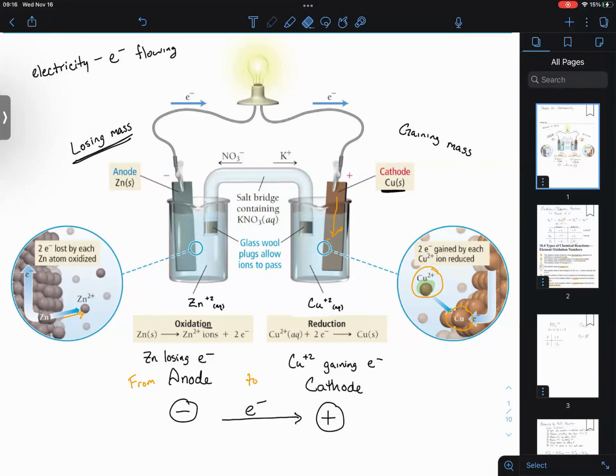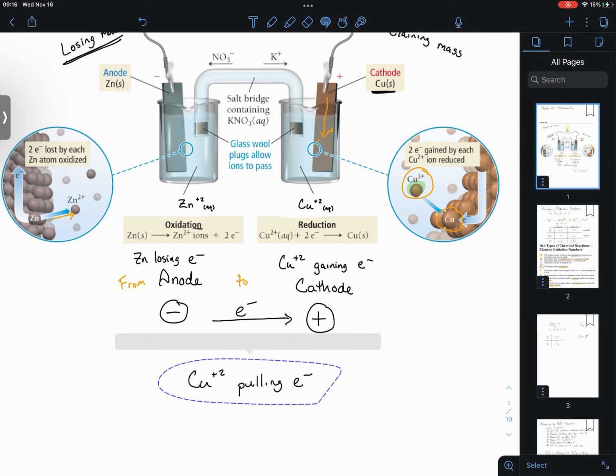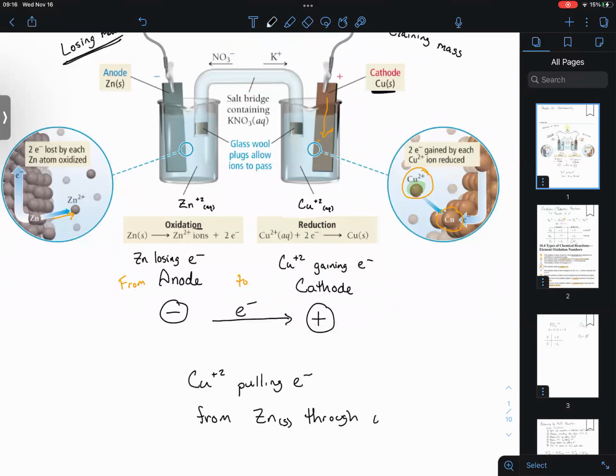So my cathode, my copper ions are pulling electrons from that solid zinc. But this time, instead of being directly through collisions, it's going to be through that wire.